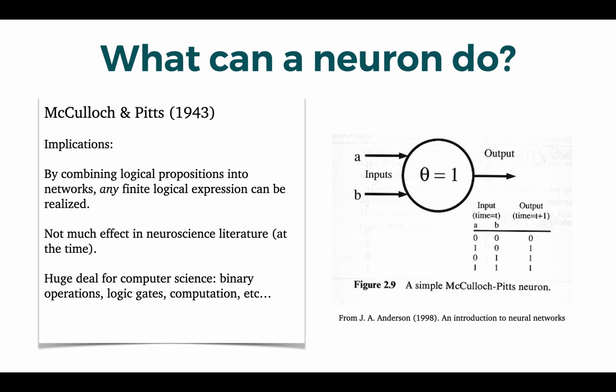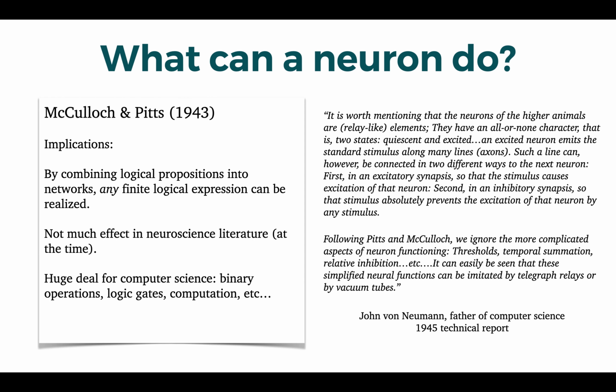Okay, so they really, really recognized it. It was easy for them to see the connection between the McCulloch and Pitts neuron model and the work that was going on at the time. There were a lot of binary operation things going on.